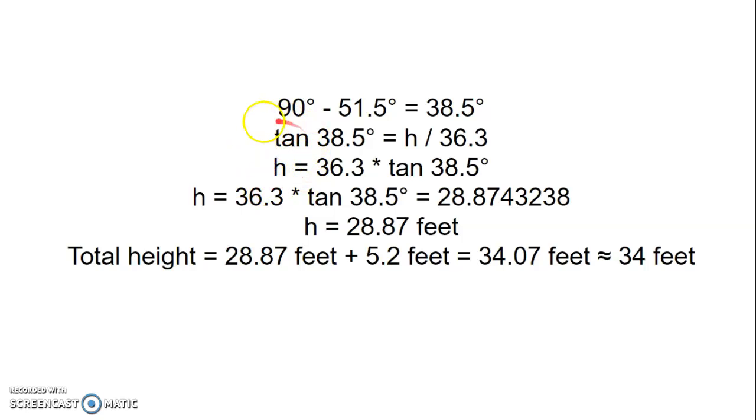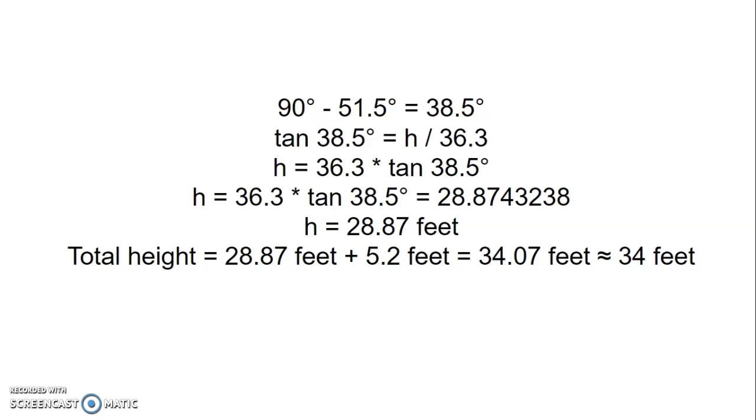Because we don't know the height, we put it like this: H equals 36.3 times tan 38.5 degrees. After you set it all up, you should get a number like 28.8743238.